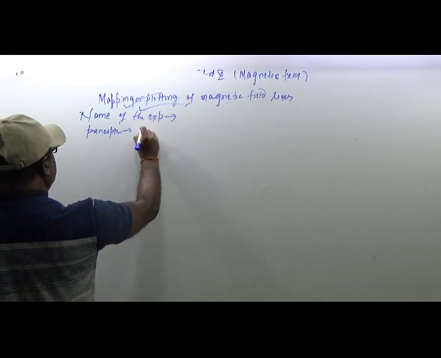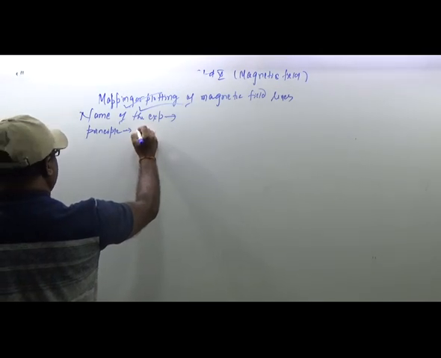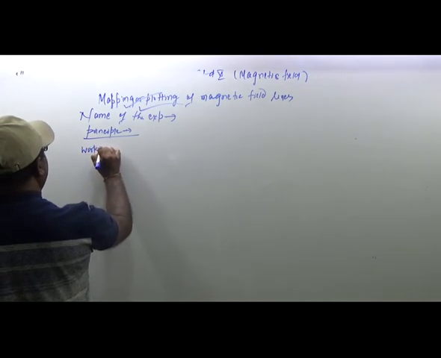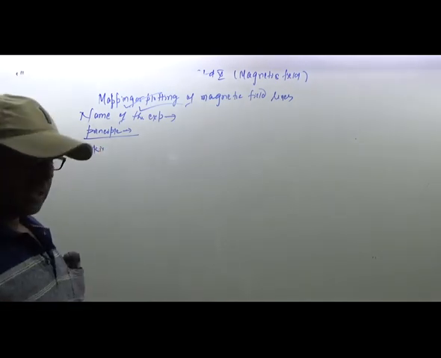We have to write the definition of magnetic field lines. And second is the working. This is the required apparatus.